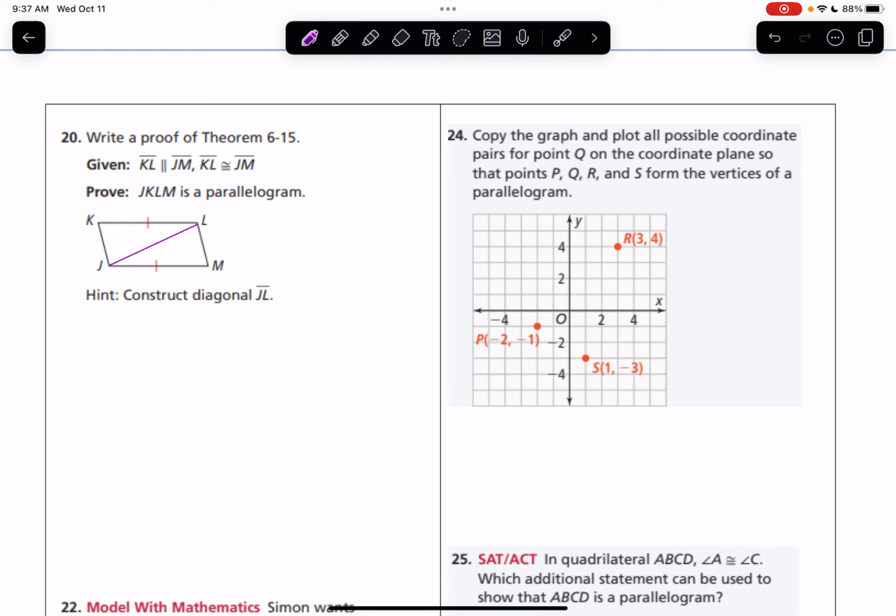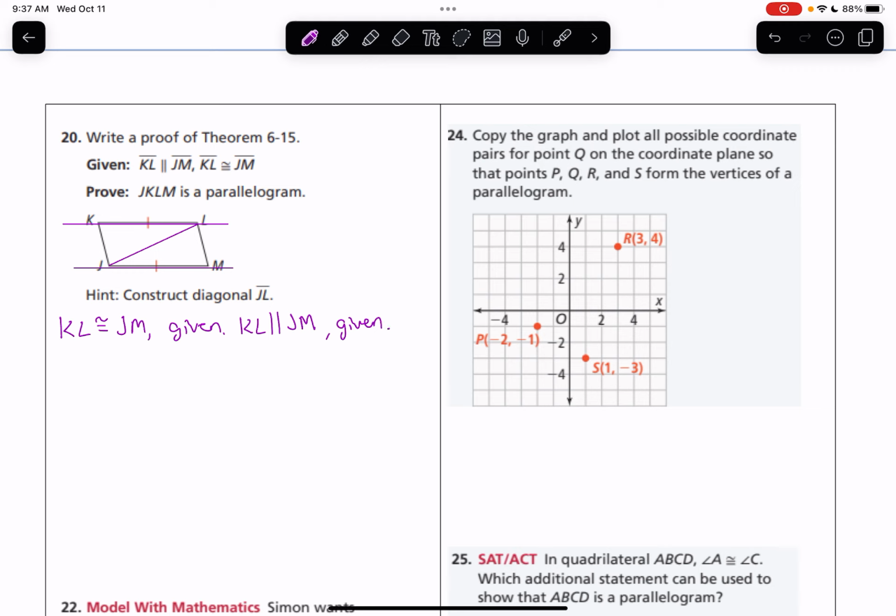I know that KL is congruent to JM, because that's given. I'm writing a paragraph proof, by the way. And I also know that these pairs of sides are parallel to one another, so I should write that in as well. KL is parallel to JM, that's given.